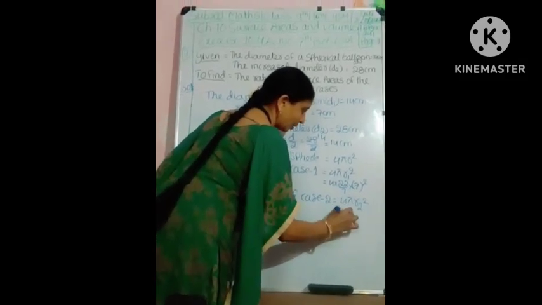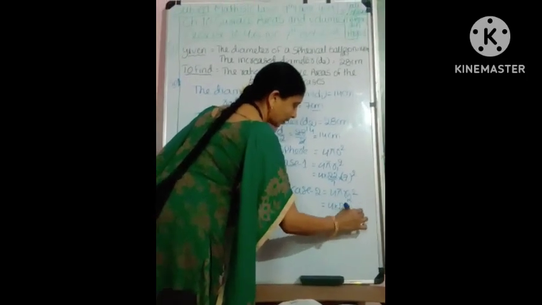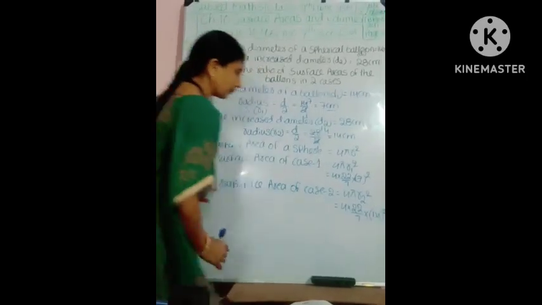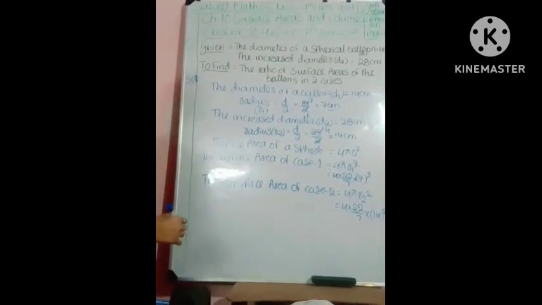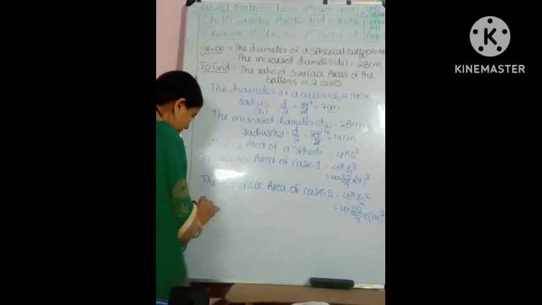So 4 into π value. What's the π value? 22 by 7. R2 square is nothing but 14 square. So we want this one only, the ratio of the surface areas in both cases.